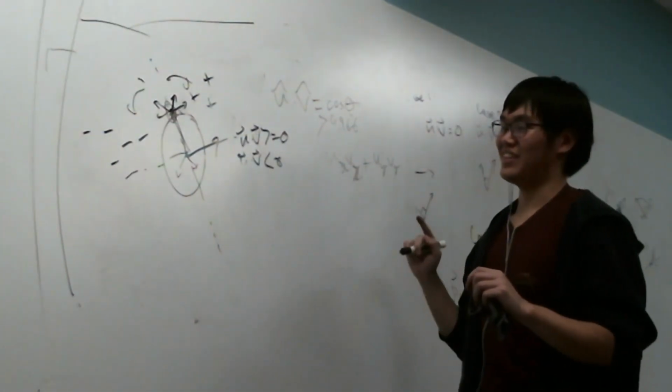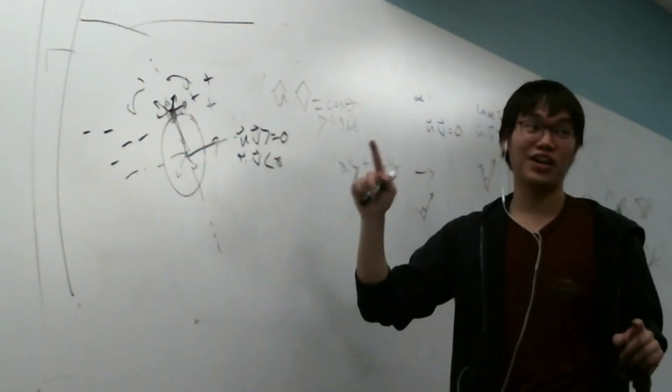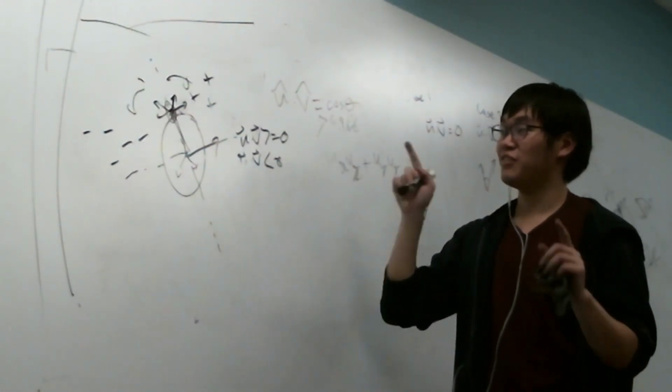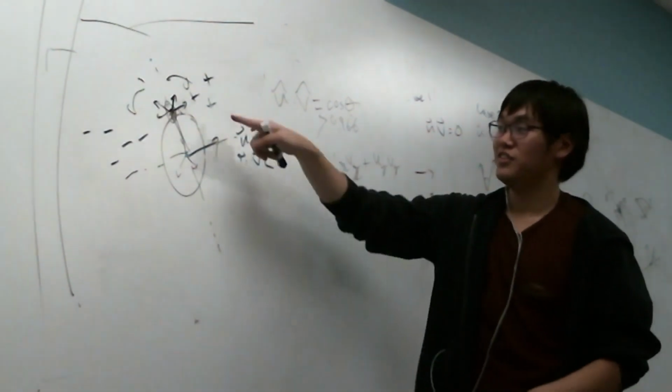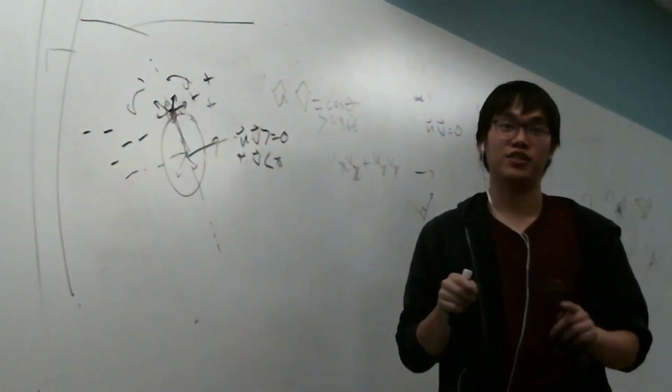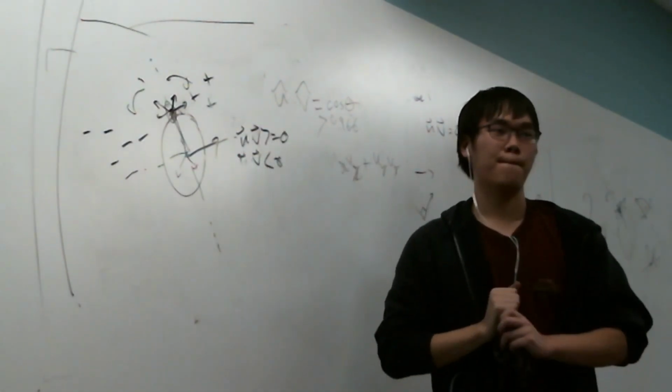Maybe I should re-emphasize: the dot product calculates how similar these two vectors are in terms of the direction they're facing.